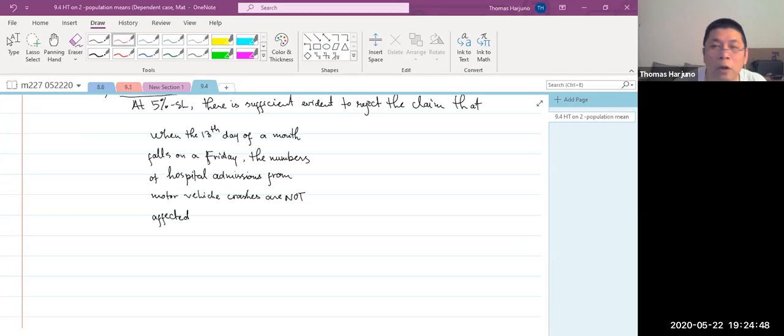Give me a second, I need to look for the text.